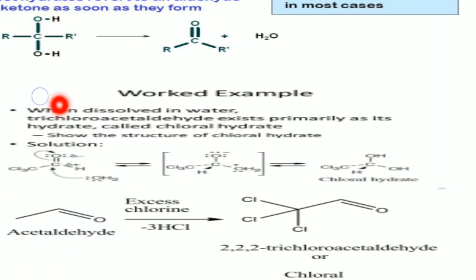When it is treated with excess of chlorine, the 3 hydrogens of the CH3 carbon are replaced by 3 chlorine atoms, and it forms trichloroacetaldehyde, or commonly it is known as chloral.